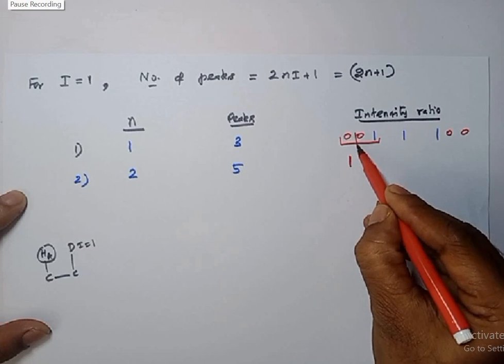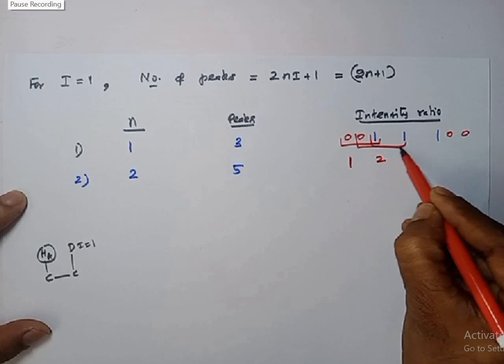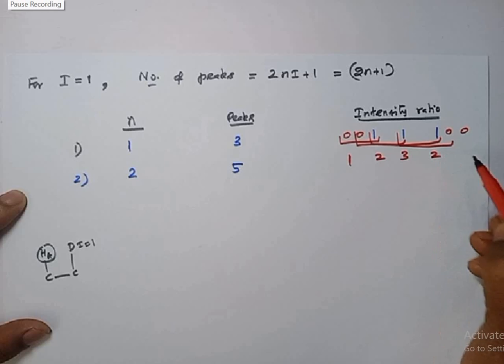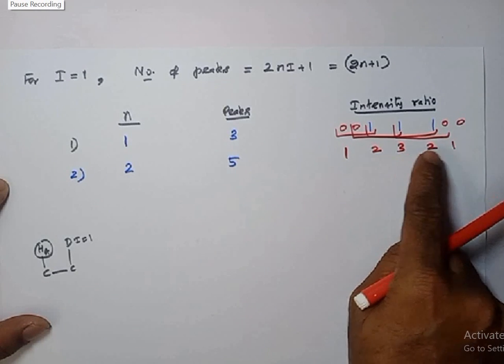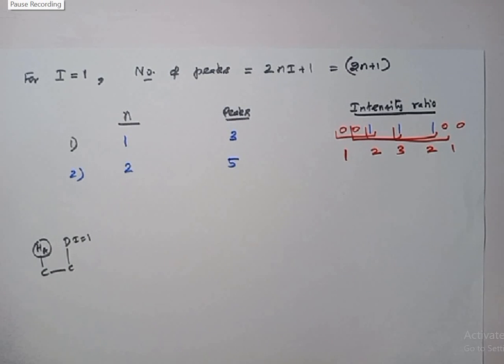Then next 3 numbers, 0 plus 1 plus 1, 2. Next 3 numbers, 1 plus 1 plus 1, 3. Next 3 numbers, 2, 1, like that. So the intensity ratio is 1 is to 2 is to 3 is to 2 is to 1. Okay, I hope this is clear to all.